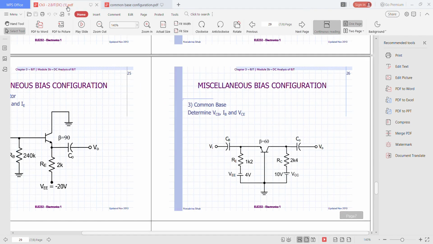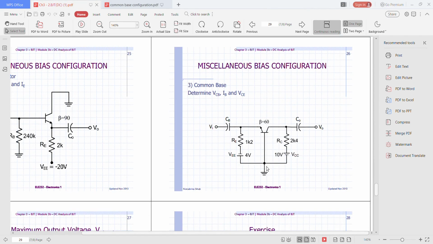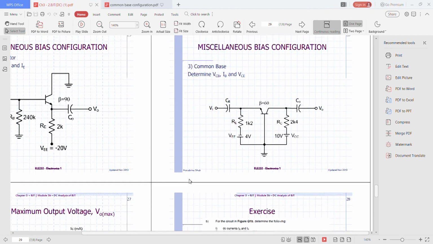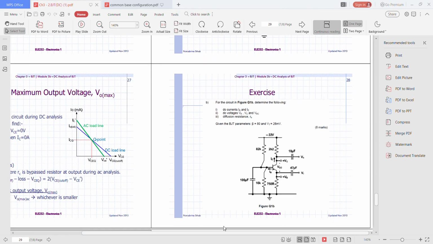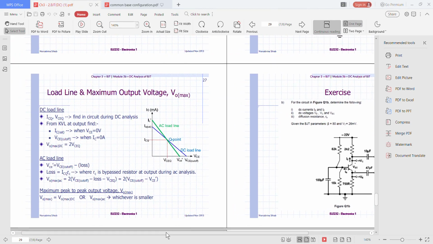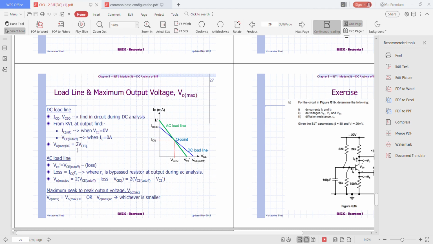So now we look back at the lecture notes. That is the analysis for common base. Now we look at the next slide, which is load line and maximum output voltage.